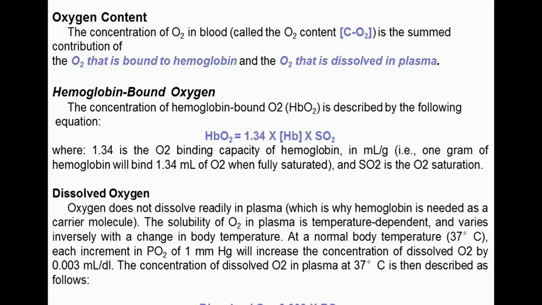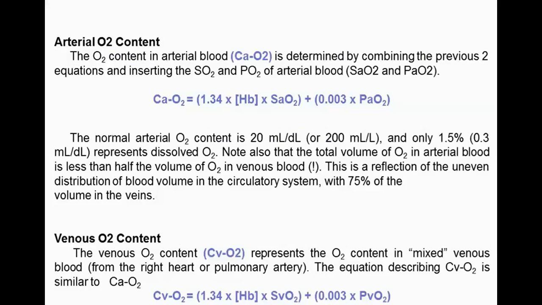This was the equation: 1.34 times hemoglobin times saturation, plus the dissolved PO2 part. If we have a reduction in the dissolved, or a reduction in the hemoglobin, we have a reduction in the bound oxygen by the same percentage.